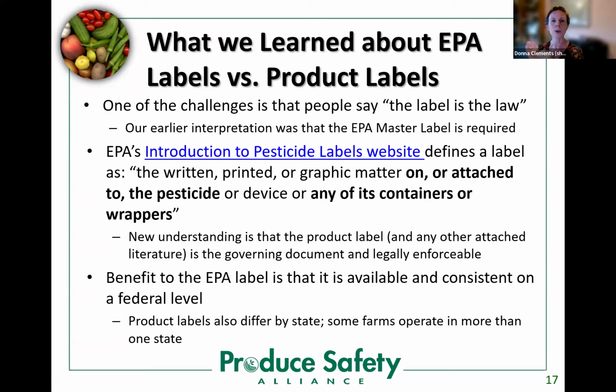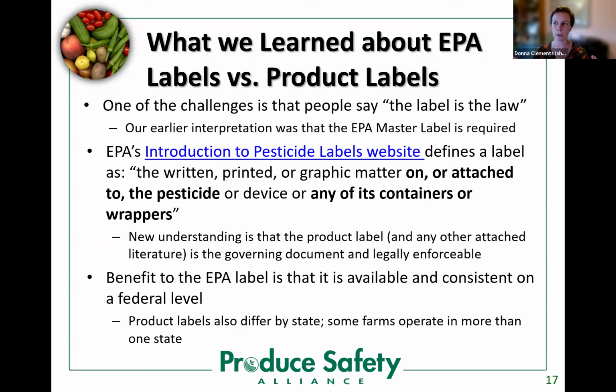So the label is the law, you have to have access to that EPA master label in order to meet this requirement of FIFRA. However, after doing a little bit of digging and speaking to different folks in the industry, we've realized that the product label could also meet the label is the law requirement.